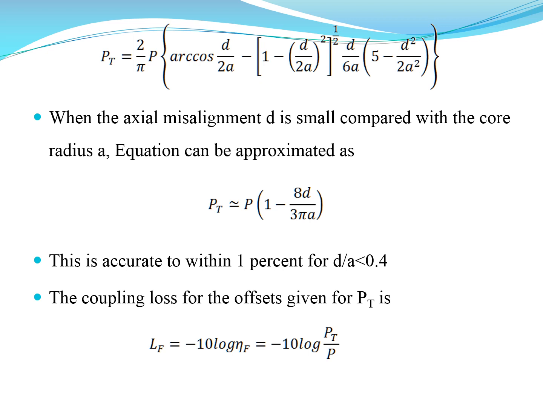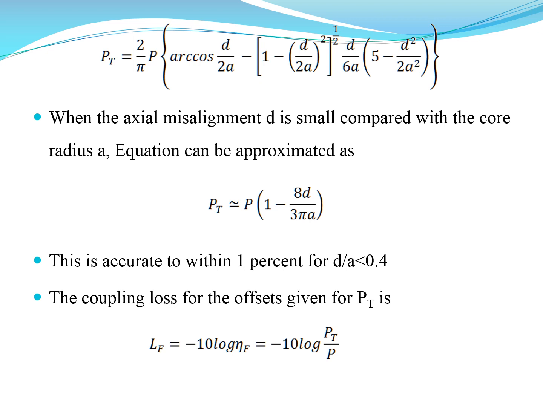Now, consider the case where the axial misalignment is very small compared with the core radius. So D value is very small in comparison with A. Then I can say that PT will be approximately equal to P times (1 minus 8D by 3 pi A).